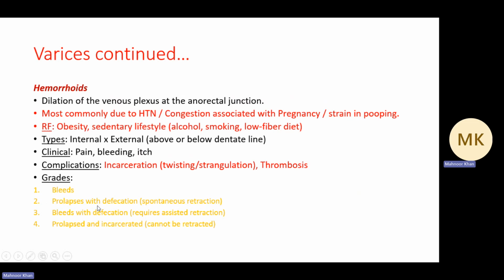And then in the second grade, we have prolapse during defecation, and spontaneous retraction of the prolapse. And in the third grade, we have bleeding with defecation, but the prolapse does not retract on its own. It requires assistance. The fourth grade is prolapse and incarcerated. The prolapse does not retract back.